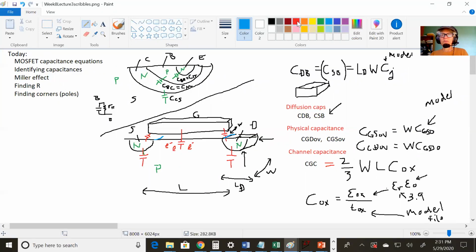And for that, you say, okay, I want to know the capacitance caused by this side of the drain, this side of the drain, and the back side of the drain. So you add up the length around that outside.